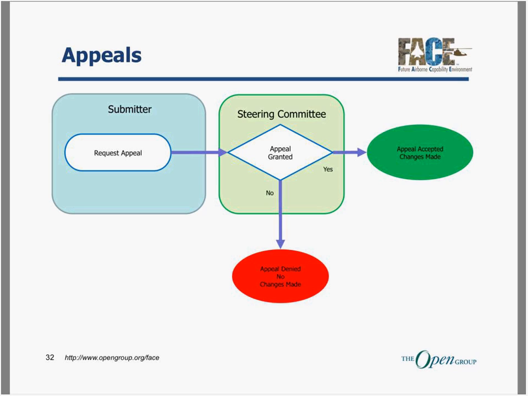The FACE Consortium Steering Committee will review the appeal and make a decision. Either the appeal is approved and changes will be made, or it's denied, no changes are made, and that is the final decision. We are not expecting these problems and are not anticipating them, but we have a plan if they should occur.